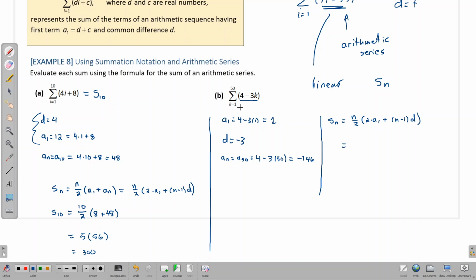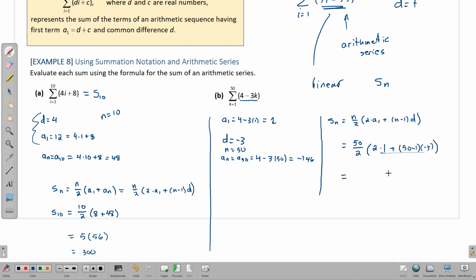Okay, so n, I guess I should have written that down. n was 50. Just like on this one, I should have written down n was 10. So you have 50 on this one, over 2, multiplied by 2 times a1, which is 1, plus 50 minus 1, multiplied by negative 3.